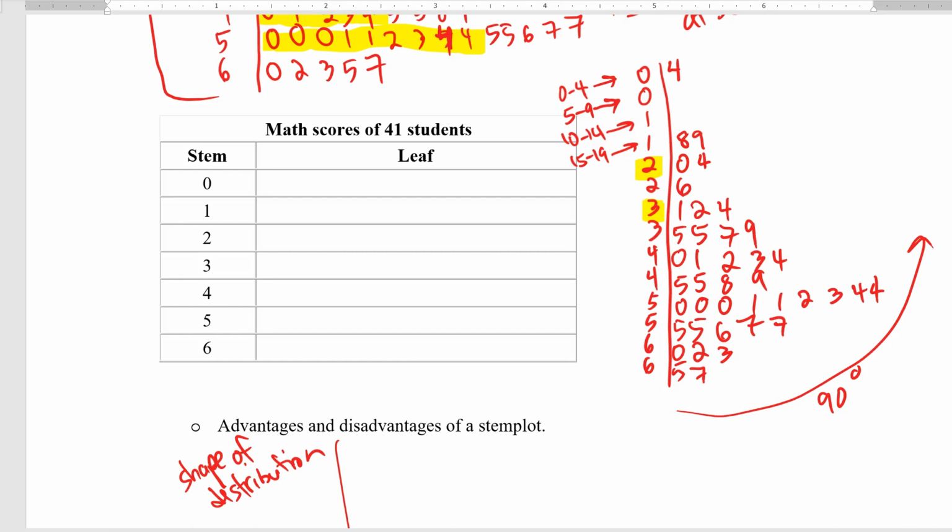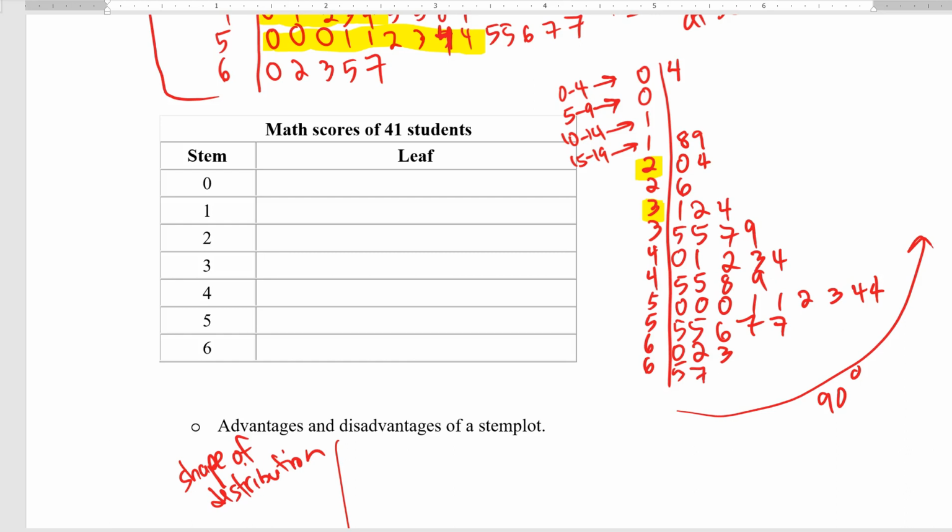So this is why on the quiz and the test, I have you start with the stem and leaf plot, which you'll fill into a frequency table, and then build the histogram from that. I can still see that shape here. Some benefits over a histogram though. When I have a histogram with bars, I can't tell the lowest number. Here, I can ask, what is the lowest number?